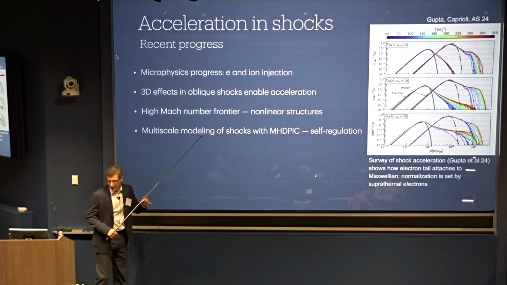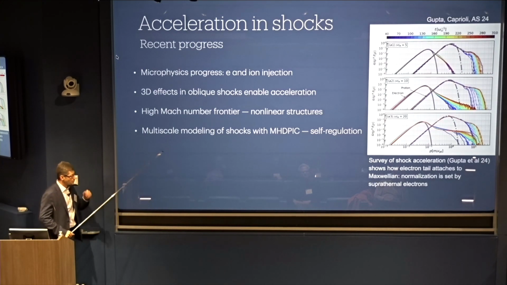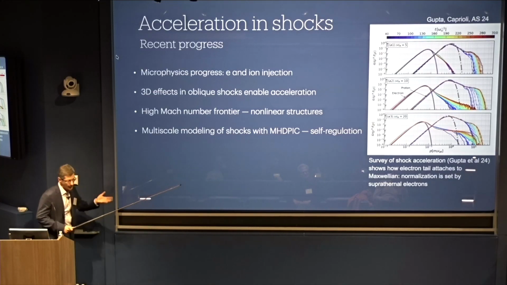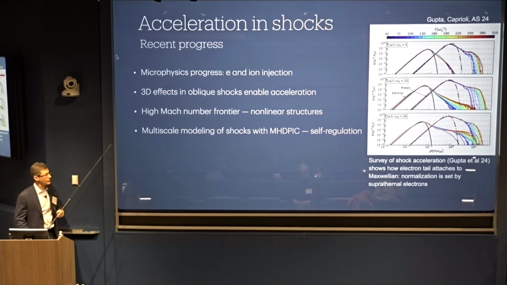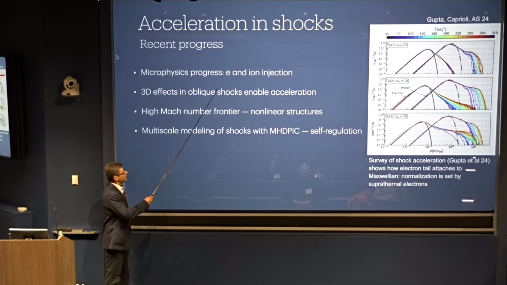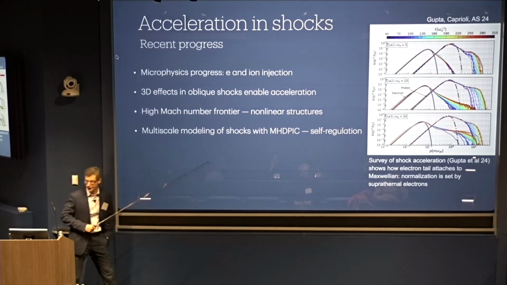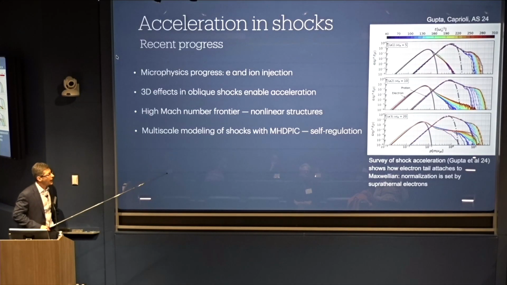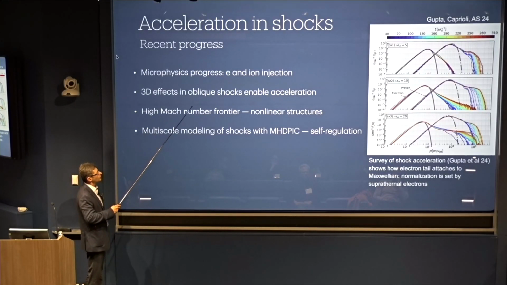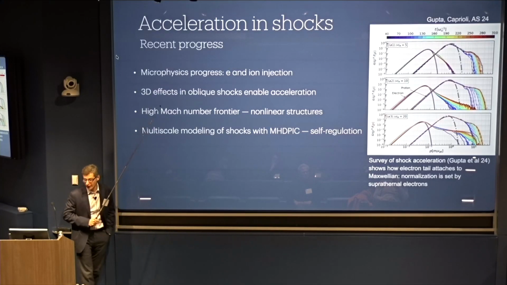One of the things about diffusive shock acceleration is that it predicts the power law shape, but it doesn't predict the normalization of the power law. It is dependent on the microphysics, and we've studied a lot of the electron and ion injection physics on the microphysical level. The recent finding is that some shocks, which appear completely dead in 2 dimensions, actually get re-energized in 3D.